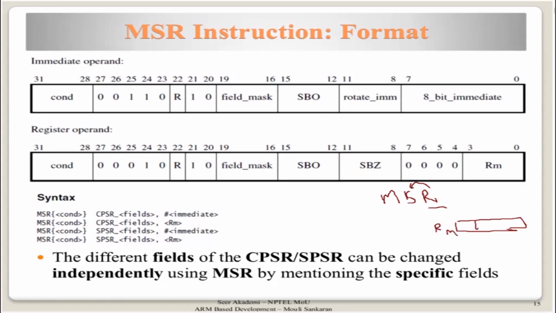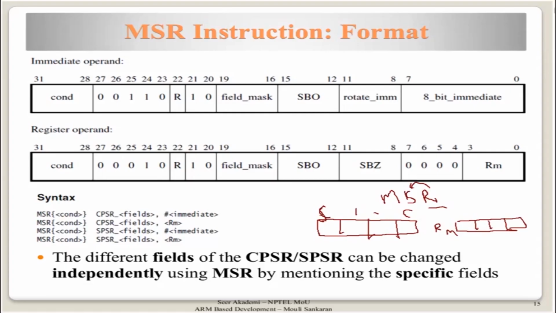So it is split into 4 8-bits, and your CPSR also has 4 fields I mentioned. What are they? This is the conditional field. Okay, this is flags. Okay, this is control C, extension, and what are the other fields? Okay, the 4 fields which are there, you can mention any of the fields in your instruction.